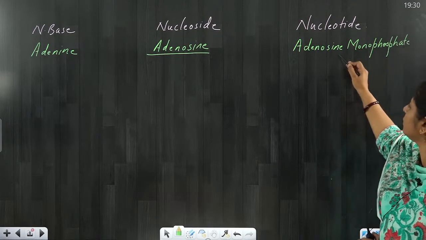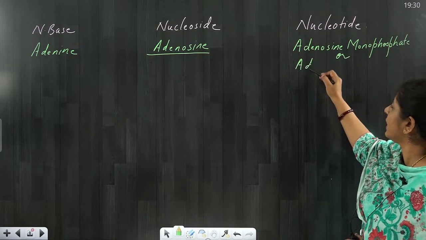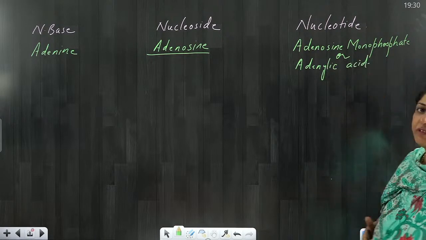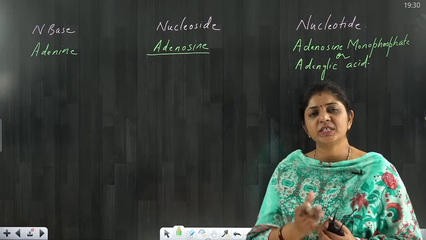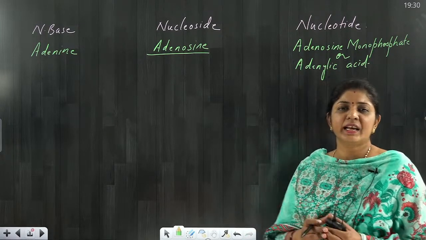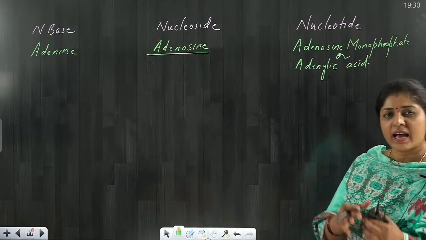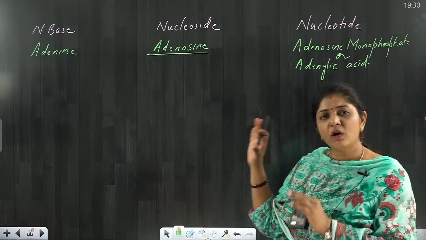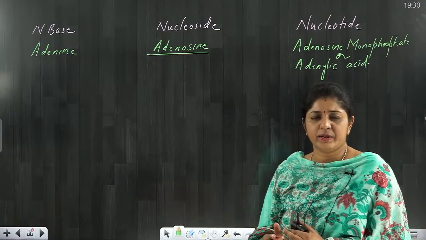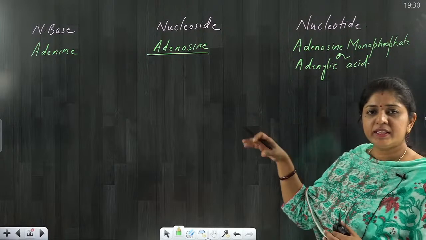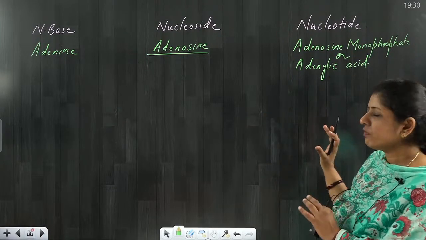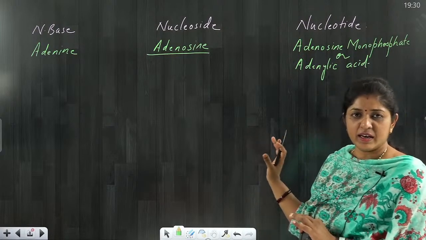Or even you can call it adenylic acid, right? Because the phosphate group has been attached, which is acidic in nature. The phosphate group provides the acidic nature to the nucleic acid. I repeat, if I am writing all the words without deoxy, I mean to say this is for RNA. If I am keeping the deoxy word, that means these terms are for whom? DNA. And if I am writing acid, this is for RNA.